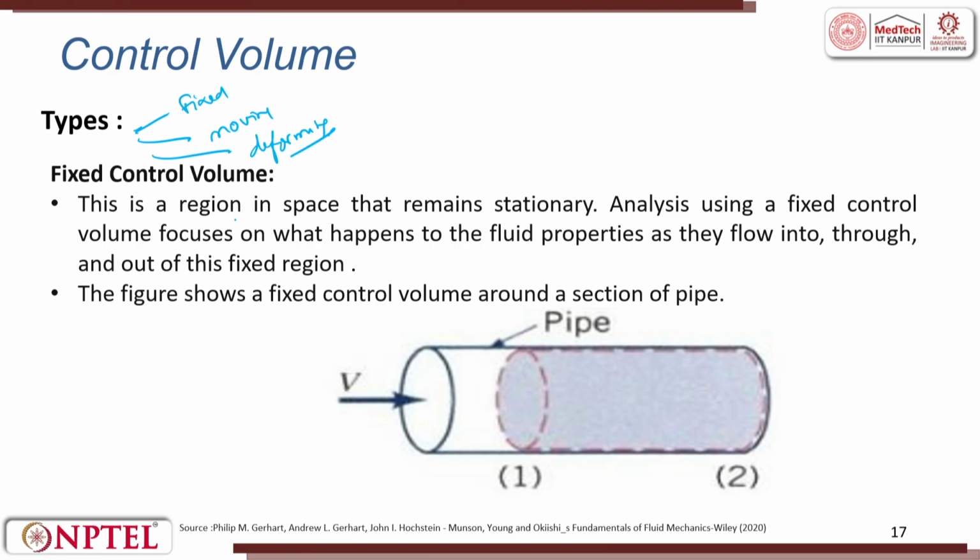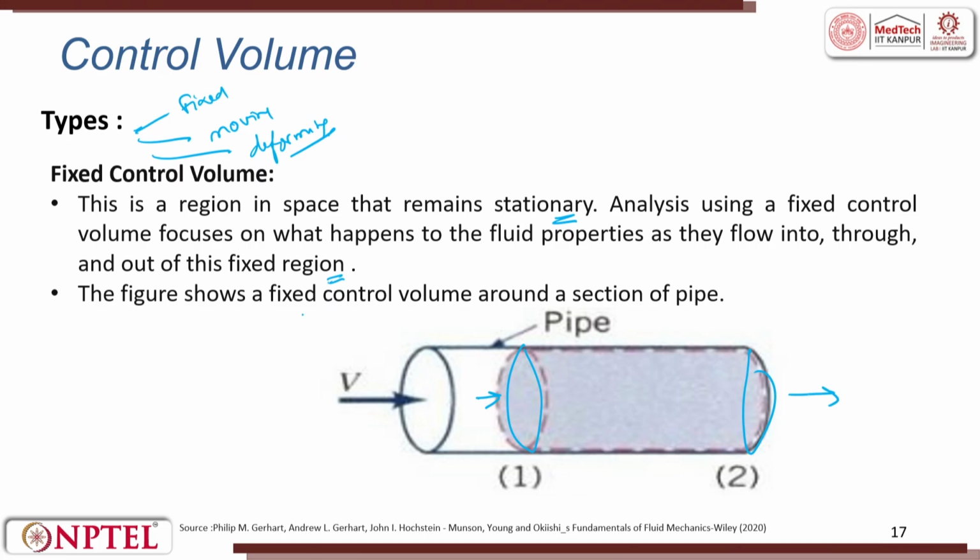Fixed control volume is a region in space that remains stationary. Always it is stationary. The analysis using a fixed control volume focuses on what happens to the fluid property as they flow in, through and out of this fixed region. So this is in, out, through the fixed region.